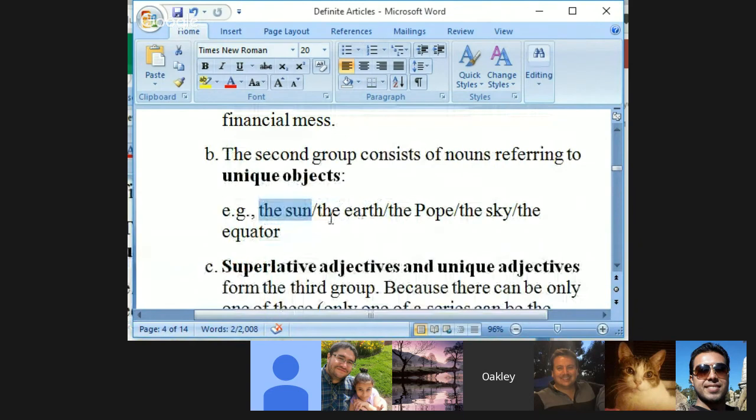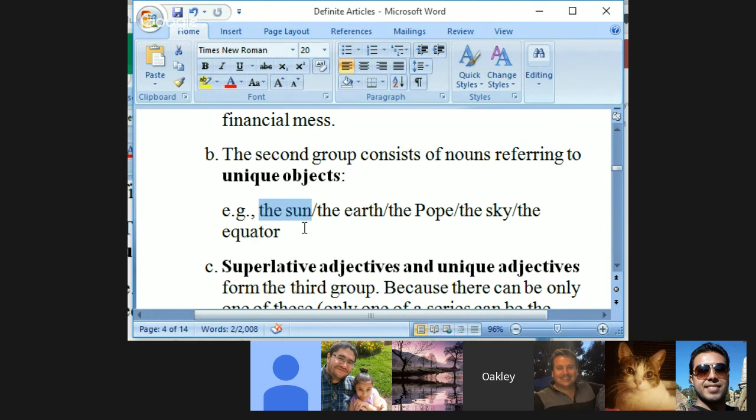All right. You have to sometimes ignore semantics. The moon: we know through study of astronomy that most planets have moons. Some have multiple moons. We know there's more than one moon in the universe. Nevertheless, we still say the moon, always the moon.